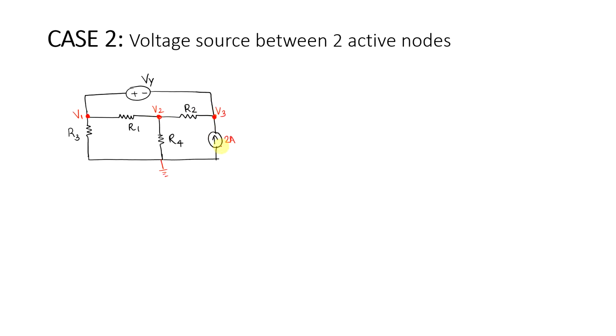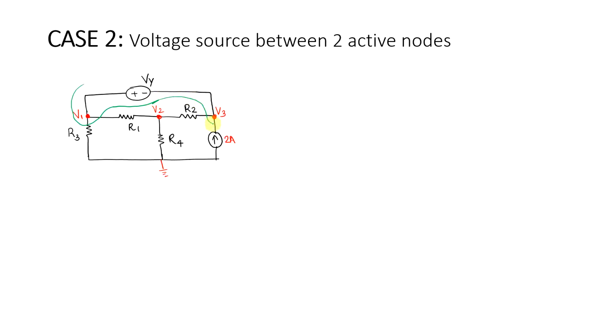Like we had the case for mesh analysis where we constructed a super mesh whenever you had a current source present between the 2 meshes, in the case of nodal analysis, whenever you have a voltage source present between 2 active nodes, we call it a supernode. Let me repeat once again.